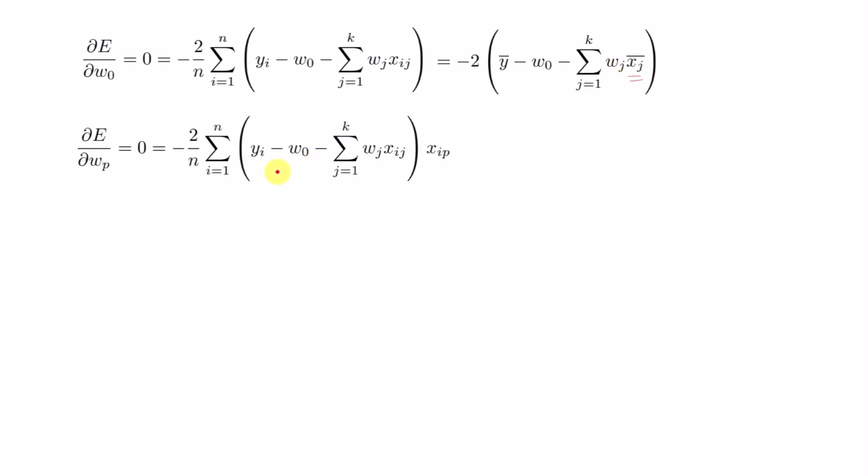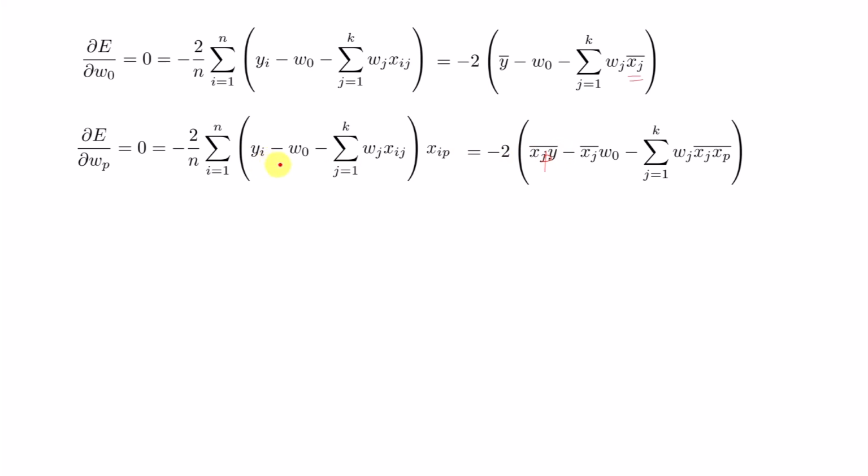Similarly here, if I look at ∂/∂wp equals 0 in this equation, and I bring in this average sign, the first term will be xip times yi.